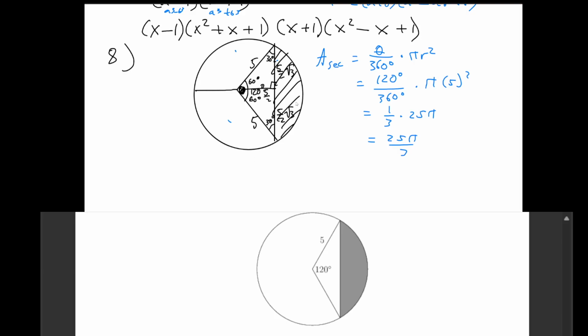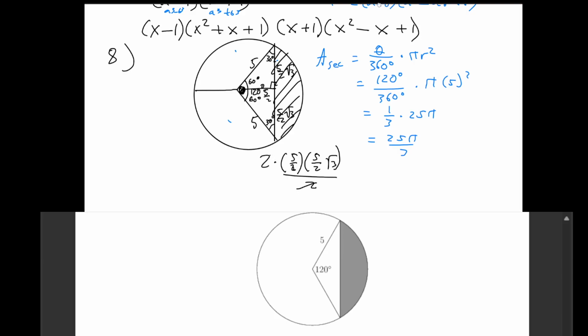over 2. I know the 2's will cancel, but I just want to write out the whole process. So 2 times, because it's 2 right triangles, times 5 over 2 times 5 over 2 square root of 3 all over 2.